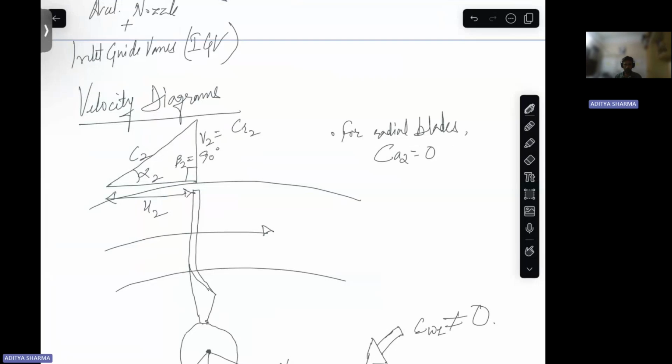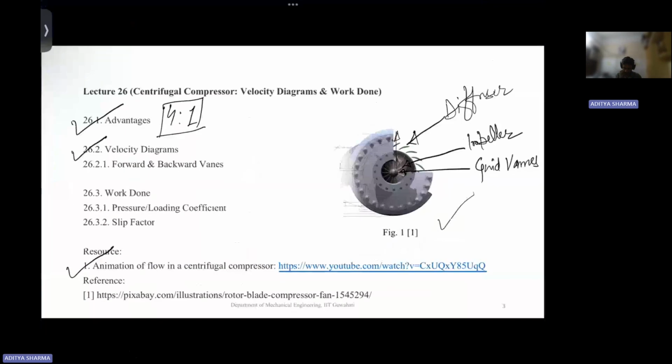So this is about your inlet, then your outlet. Then there are forward and backward vanes.